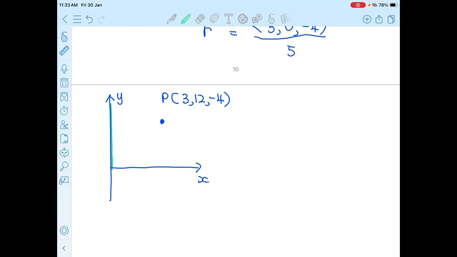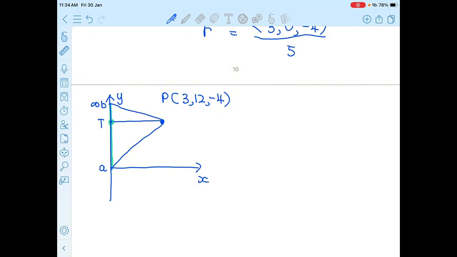Where is your point T? Your point T is here. This point is infinity, this is point A, and this is point B. If we join them, it will be like this.